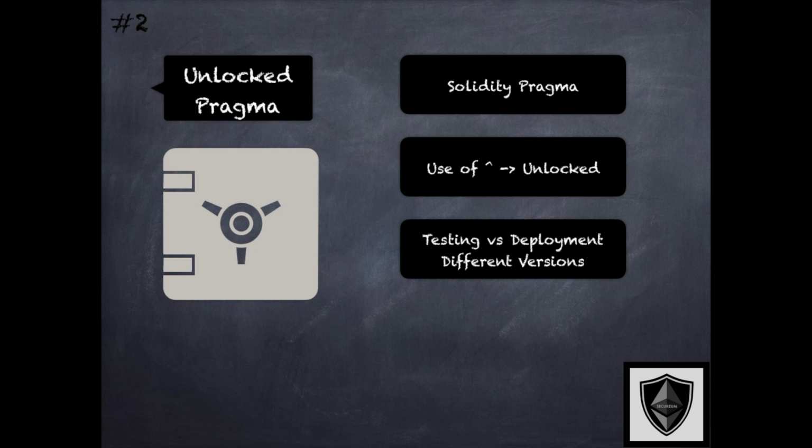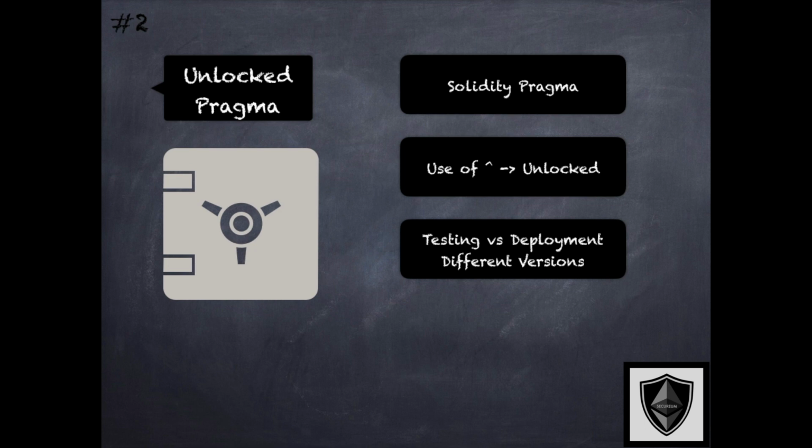And this aspect of using a different version for testing and deployment is risky from a security perspective, because one could test with a totally different set of compiler features and security checks, and the newer version or a different version that is used for deployment may support a different set of features and a different set of security checks.